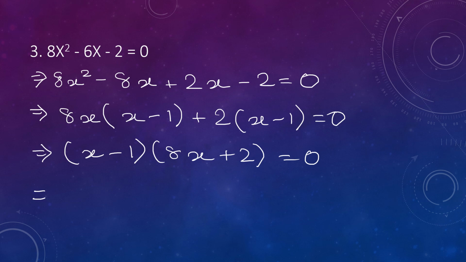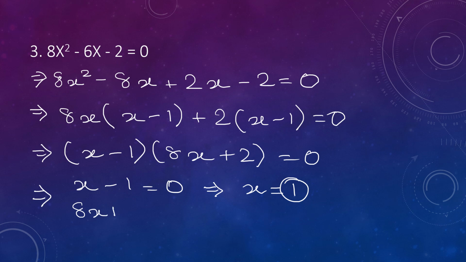Here we are going to get two answers now. So our first equation formed is x minus 1 equals 0, which implies that x is equal to 1, our first answer.